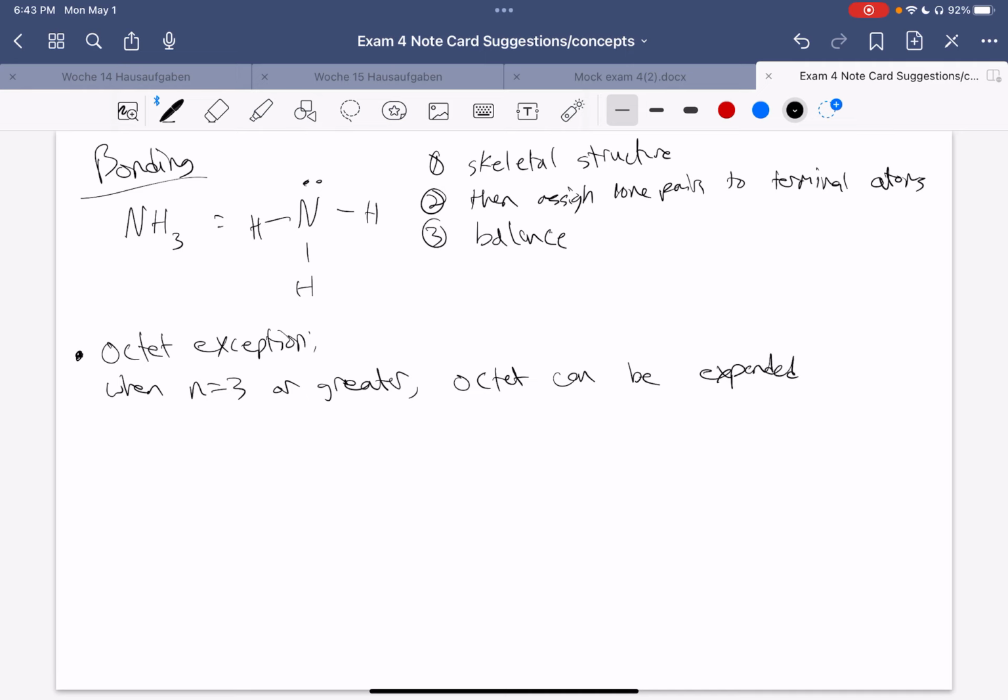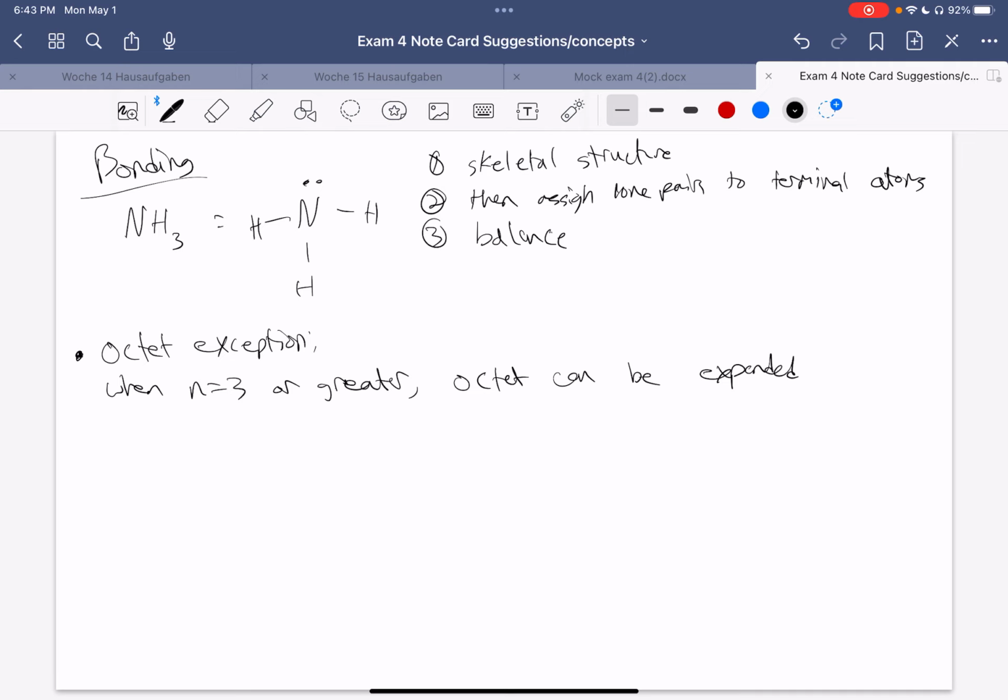And this is what we've seen in some of the worksheets where you have something like xenon tetrafluoride, where you have two lone pairs and four bonds for the central xenon, which is a total of, I'm blanking, 12 electrons on it. So it's just stuff like that. Just be aware that those things can exist. And then if you're not in n equals 3, then you can't expand that. So anything in n equals 1 or 2 is just going to be 8.